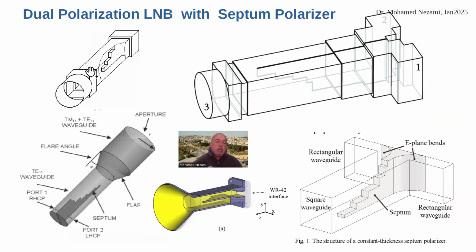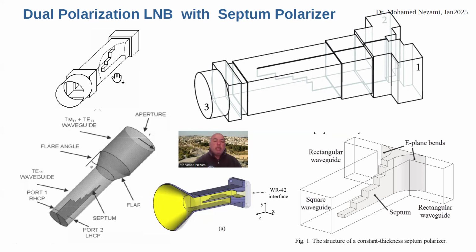Just here, I captured from the references, just from databases, various forms of this mechanism of dual polarization or circular polarization to LNB assembly transition interface.